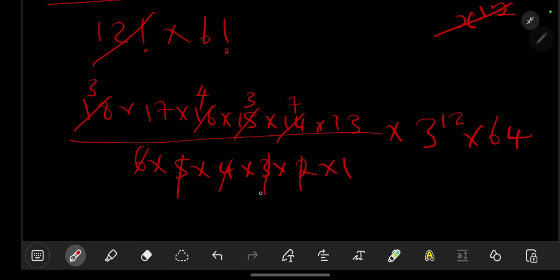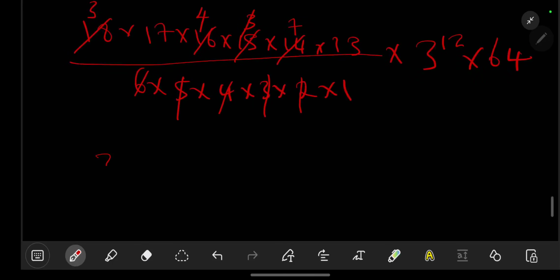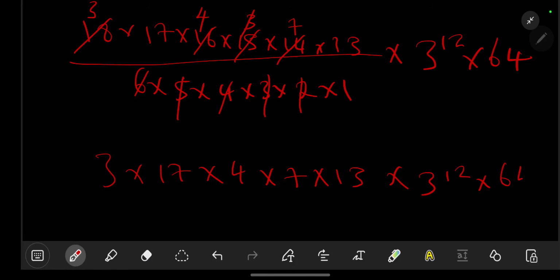If we remove 3, let's just cancel this. So we are going to remain with 3 times 17 times 4 times 7 times 13, like that. Then we have times 3 to the power 12 times 64, like that. Okay, so this is our value.